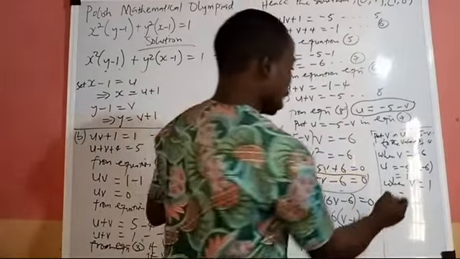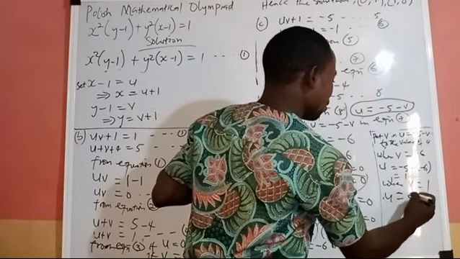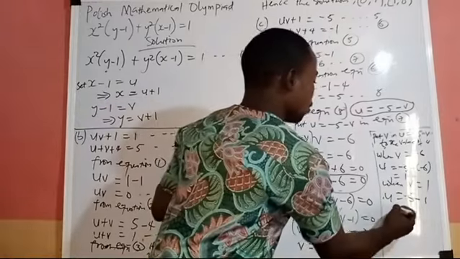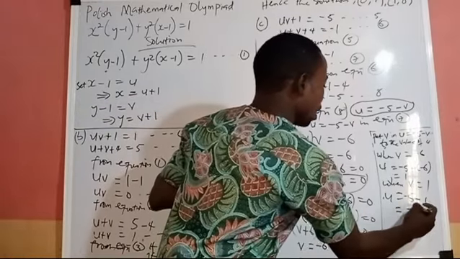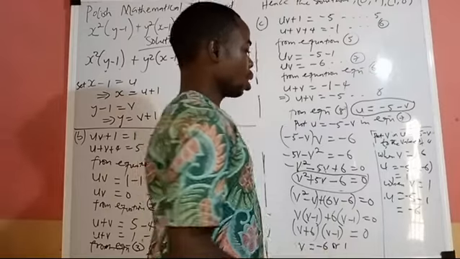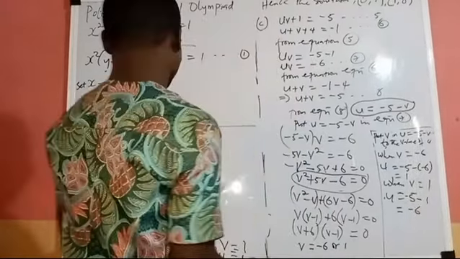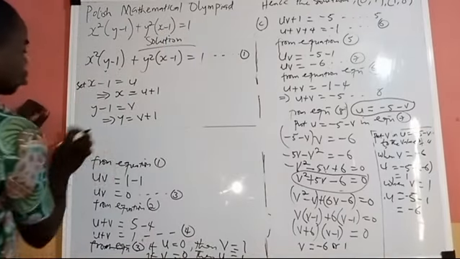So when v is equal to 1, we have that our u is equal to minus 5 minus 1, and of course we are going to be having minus 6. So that's what we have. Hence the solution.